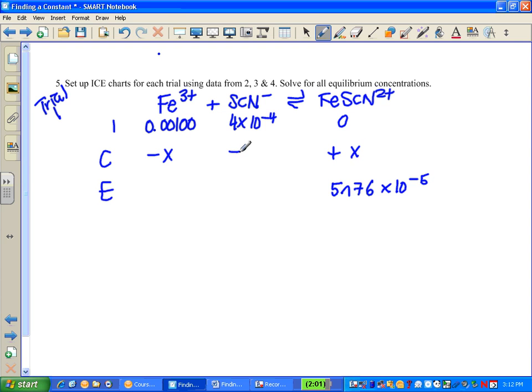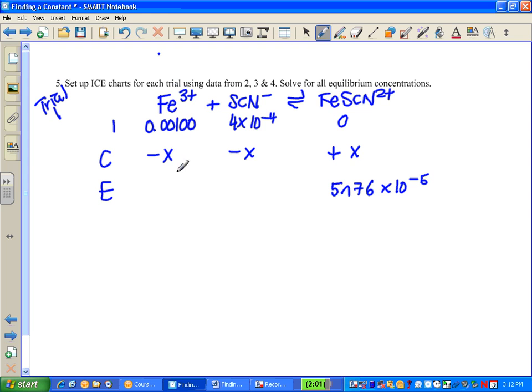These ones had to go down while this increased. What I'm doing here is following the stoichiometry. If I produced 1 mole of iron thiocyanate ion, I must have used 1 mole of iron ions.